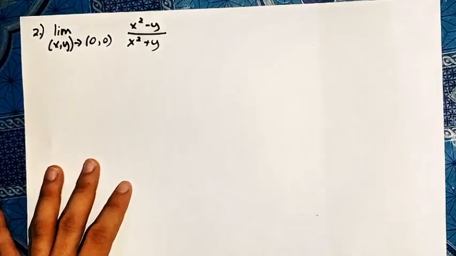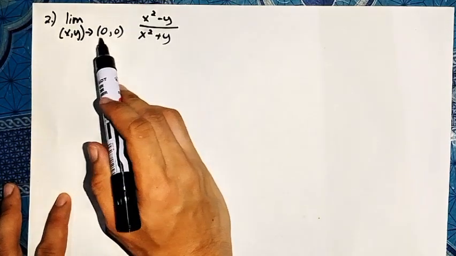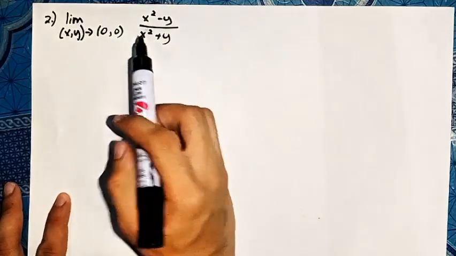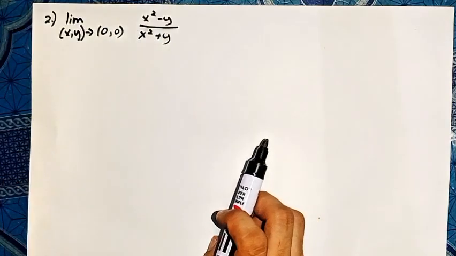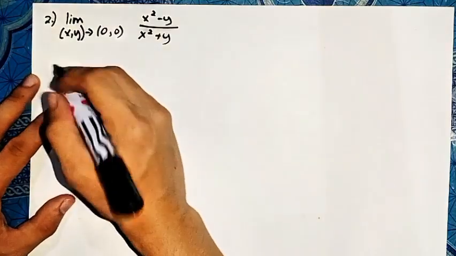In item number 2, we have the limit as (x, y) approaches (0, 0) of x squared minus y over x squared plus y. Again, in solving the limit, let's try first the direct substitution.